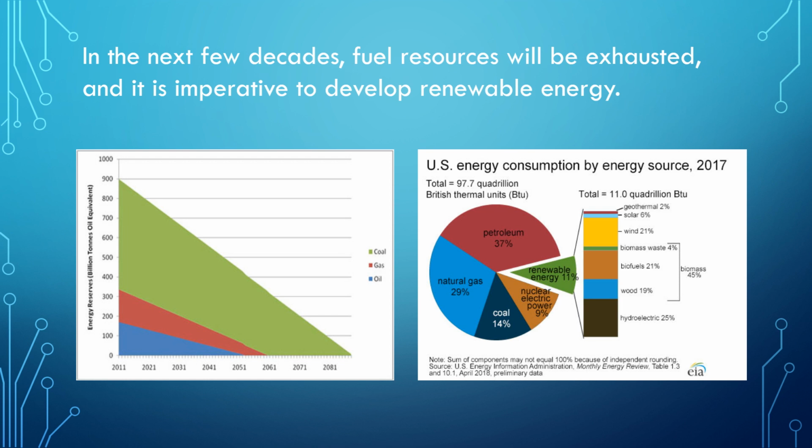They will run out. Another chart shows that U.S. energy consumption mainly comes from fuel resources, accounting for around 70%. It's a big share, so it is imperative to develop renewable energy.